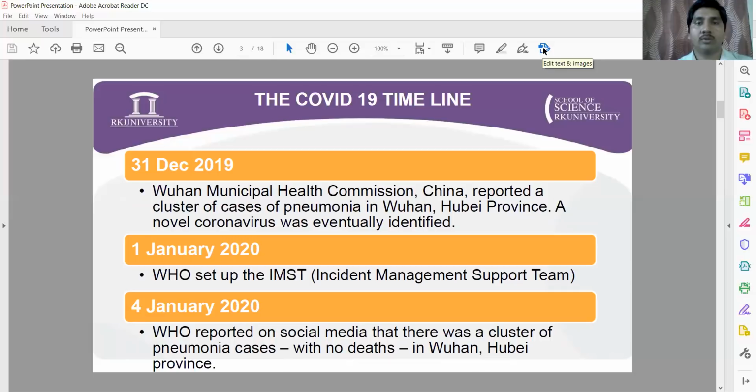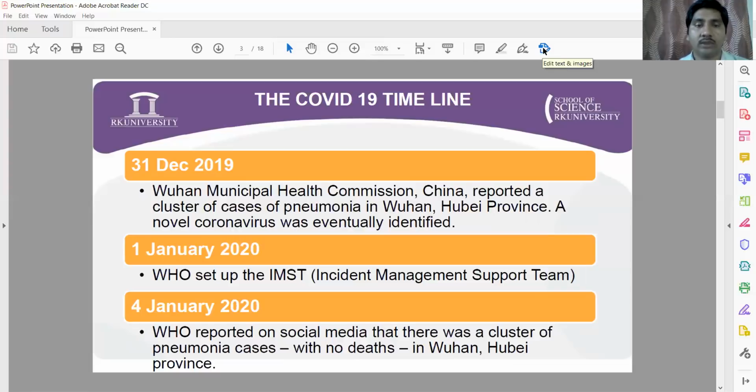Let us now look at the timeline of the virus. On 31st December 2019, the Wuhan Municipal Health Commission in China reported that a few people were infected with a pneumonia-like disease in Wuhan, Hubei province. The disease was later identified as COVID-19 and the causal organism was identified as SARS-CoV-2.